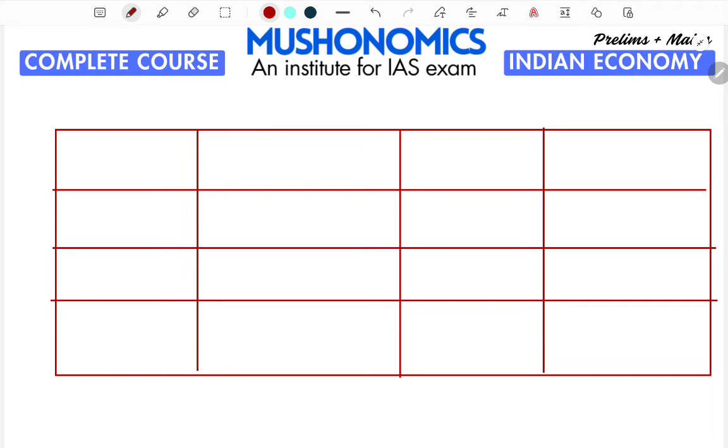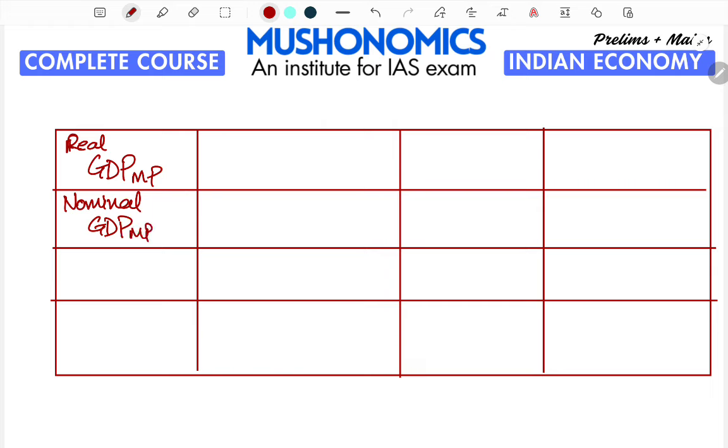Now let's see how. For example, we are getting here real GDP at market price. In the same way, we can have nominal GDP at market price also, right? If we are not fixing the prices, if we are taking prices of the current year, then we will have nominal GDP at market prices.